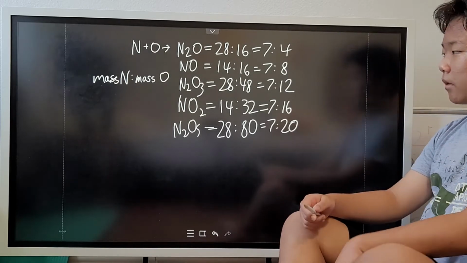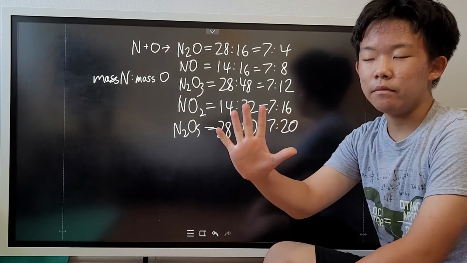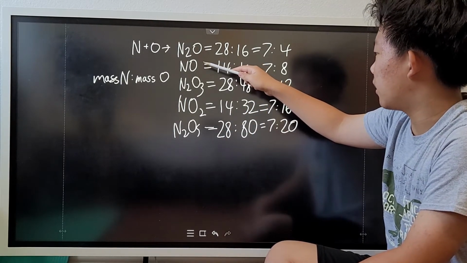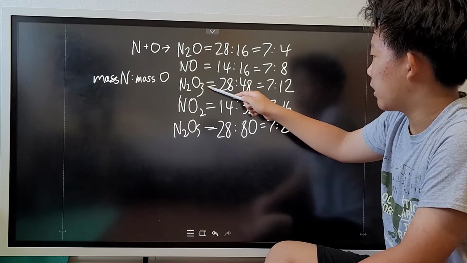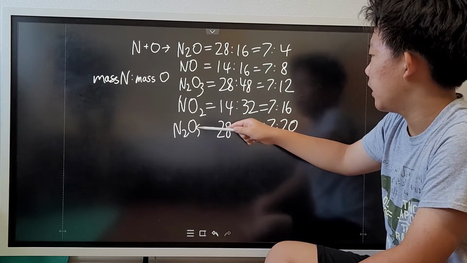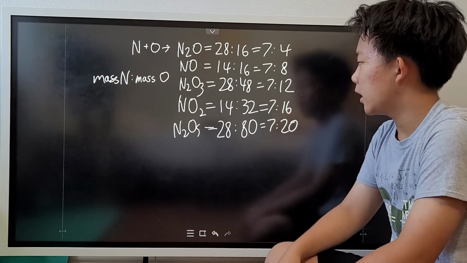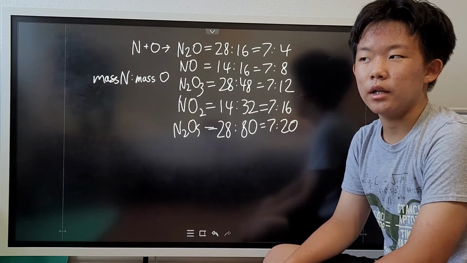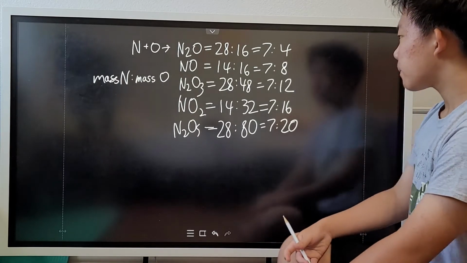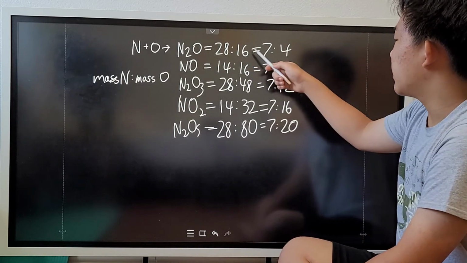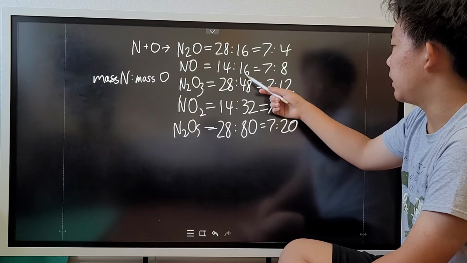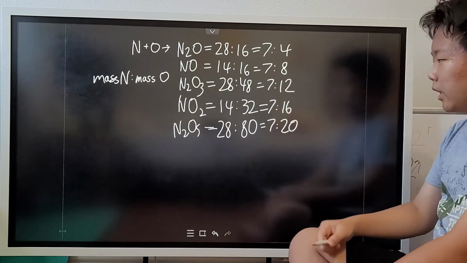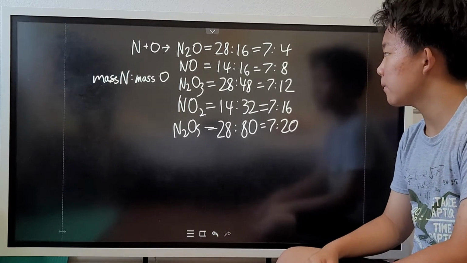Let's look at it. So here I listed 5 nitrogen oxides: nitrous oxide, nitric oxide, dinitrogen trioxide, nitrogen dioxide, and dinitrogen pentoxide. If we look at the mass of each of the elements in whole numbers, we get 28 to 16, 14 to 16, 28 to 48, 14 to 32, 28 to 80 for each of these.